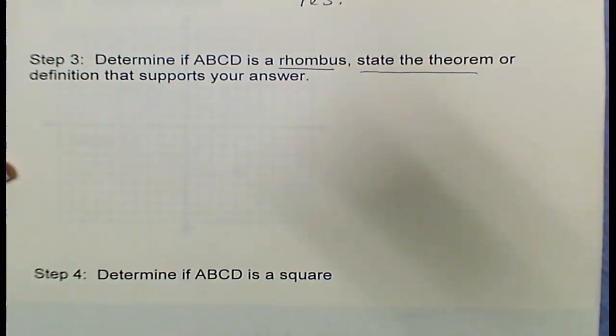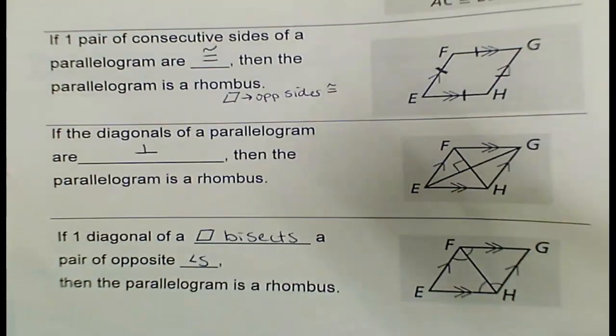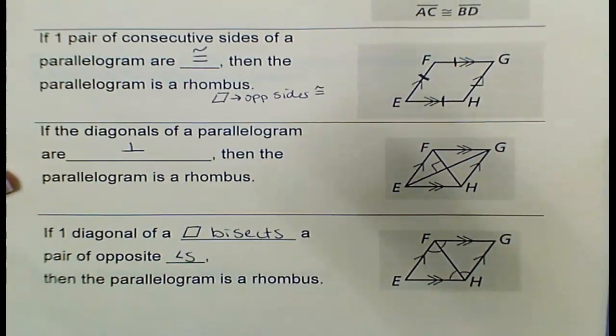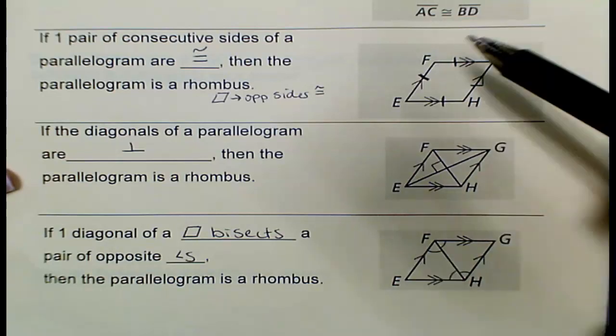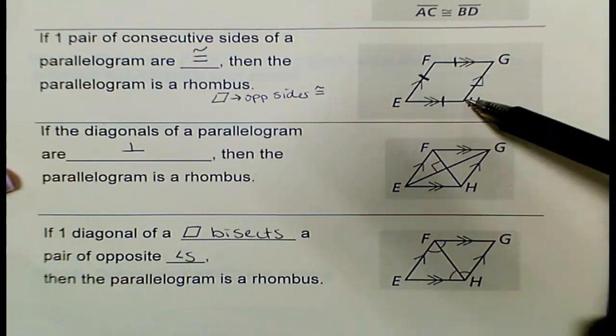So on the first page, there were 3 conditions to be a rhombus. We either had to have a pair of consecutive sides being congruent in a parallelogram, and we knew that this was a parallelogram that was given to us.